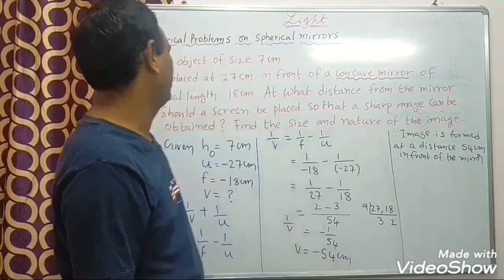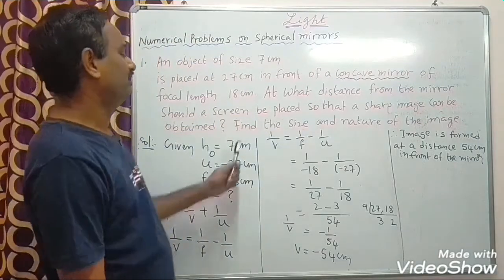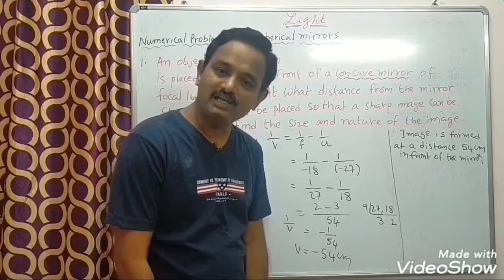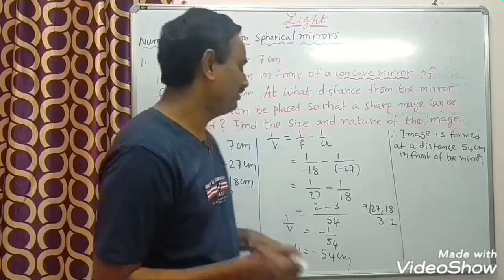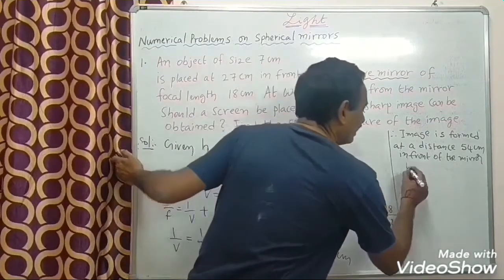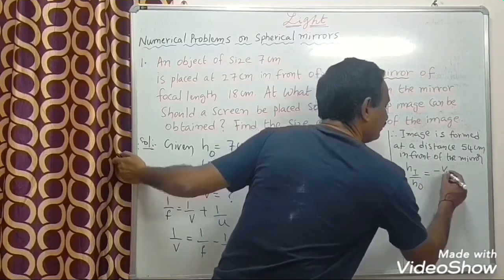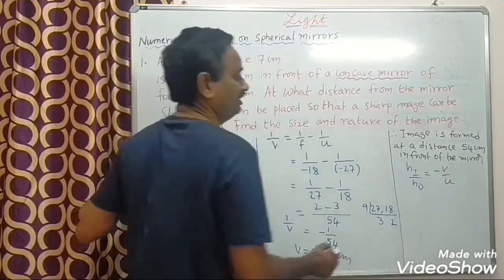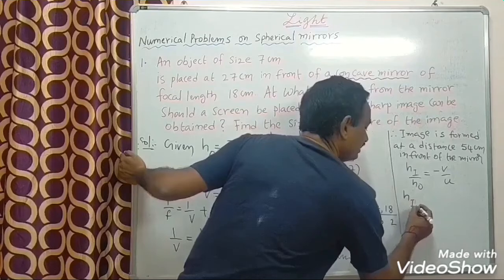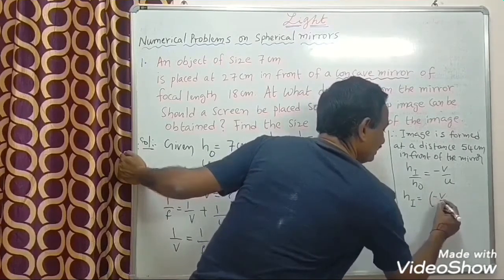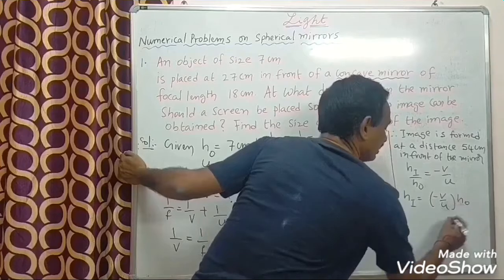Okay. Next, what do we need to find? Next we need to find the size and nature of the image. Size means height of the image. Look here, we have the formula hi by ho equal to minus v by u. From that, height of the image equal to minus v by u into h naught.